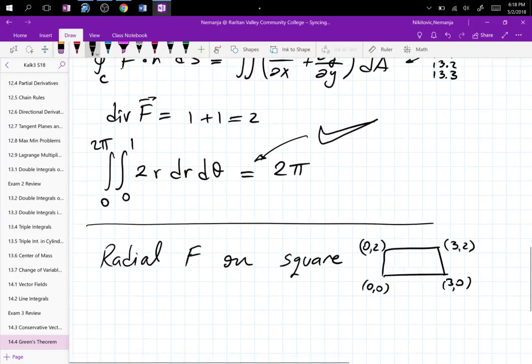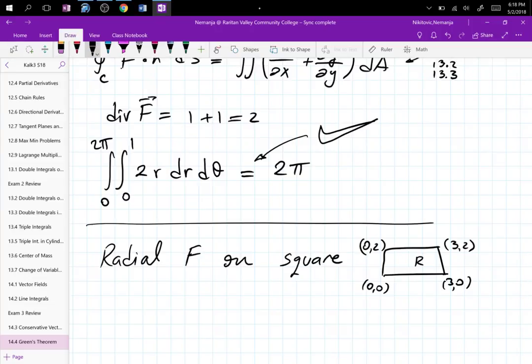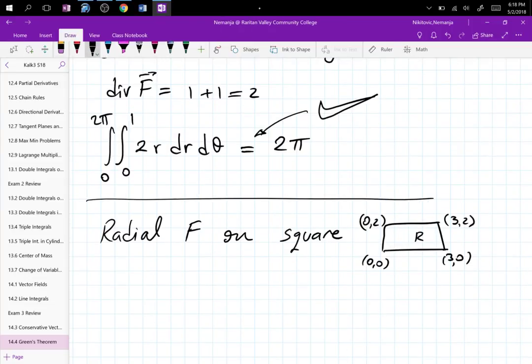Let's do the rectangle so it's clearer. So if you have a rectangle like this, well, that's your region R, and then you will set your double integral, and then you would have over here whatever the divergence gives you. So I'll just say divergence of F, and then you will do your dy dx. So y's would go from 0 to 2, and x's will go from 0 to 3.